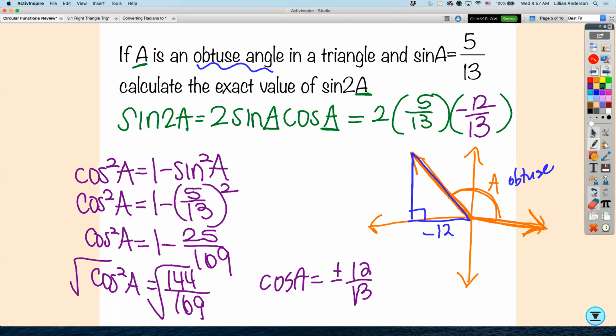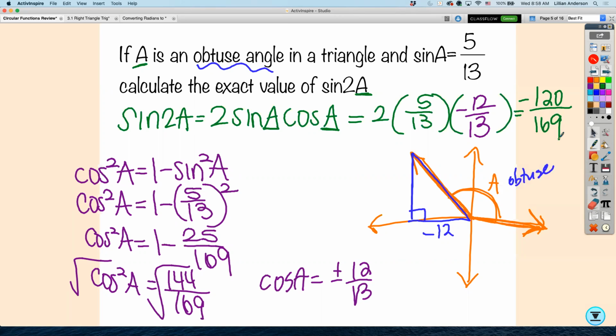So multiplying straight across and reducing if I can. What's my answer? Well, 2 times 5 is? 12 times 10 is? -120 over? 169.